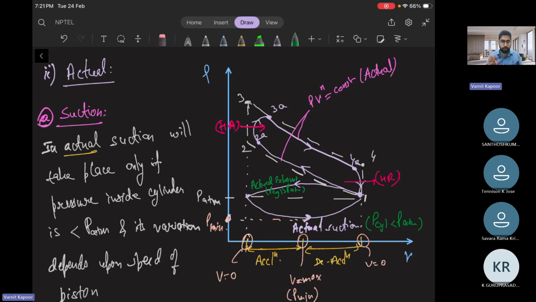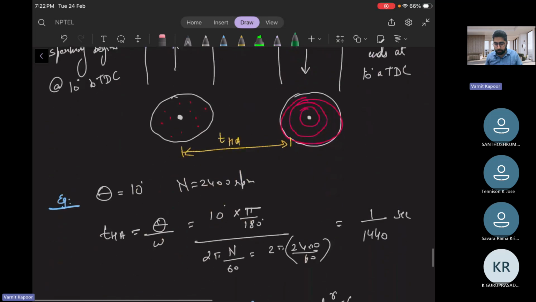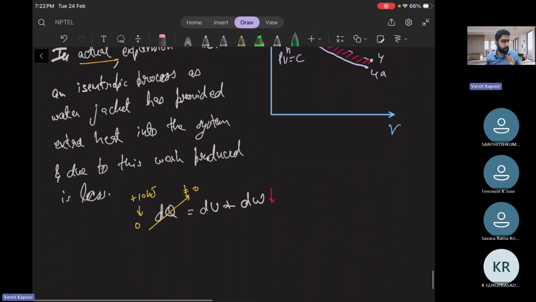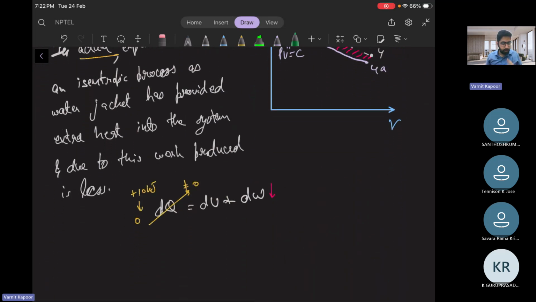Okay, I think this is pretty much clear now. Any doubts in understanding the processes? Very important cycle for understanding how the actual PV Otto cycle works compared to the ideal scenarios. So let me write the summary points once again.